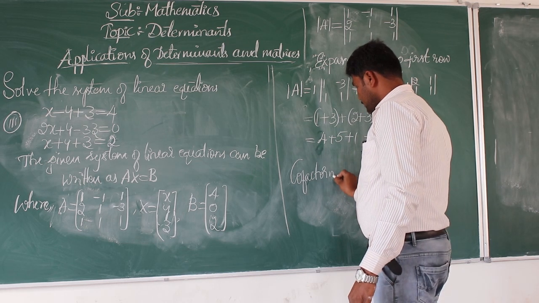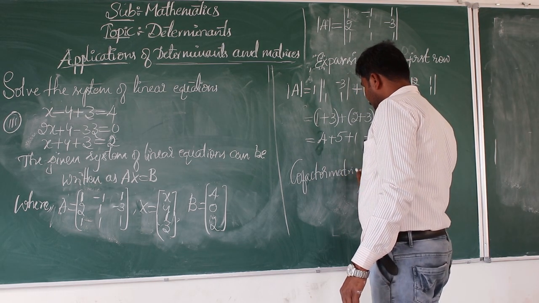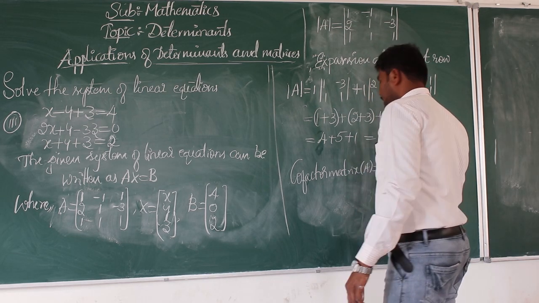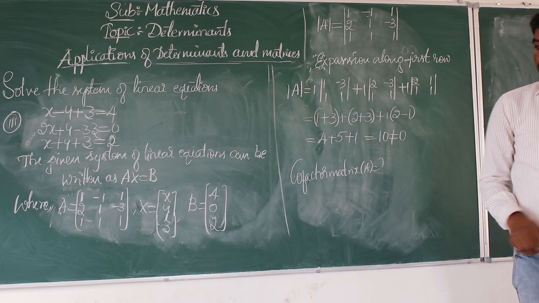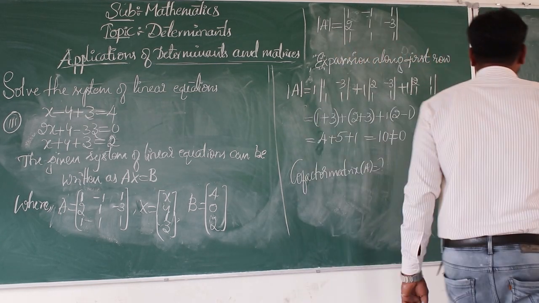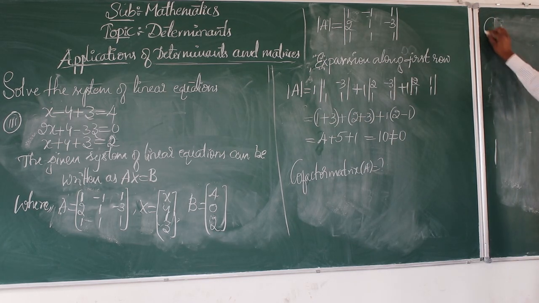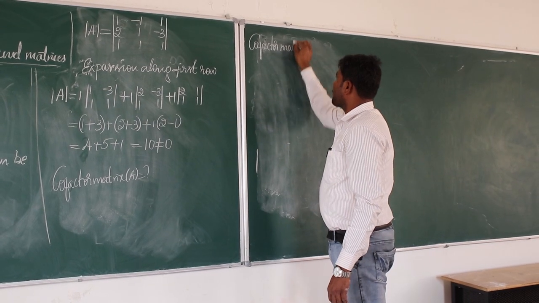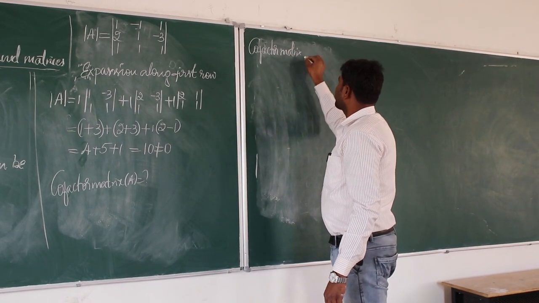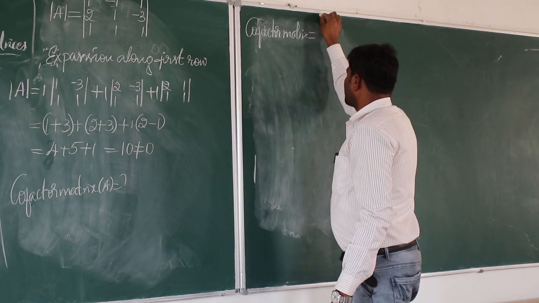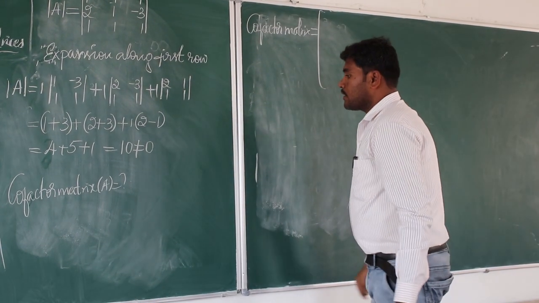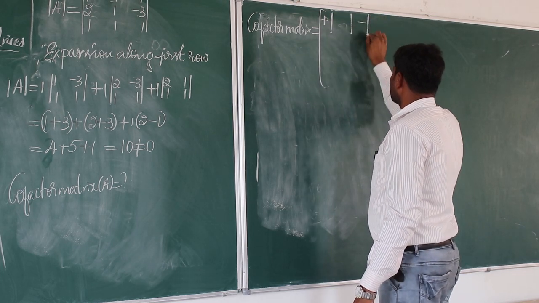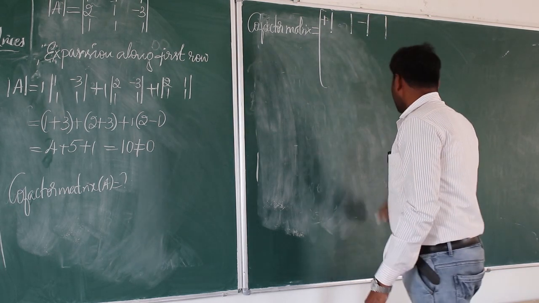So the cofactor matrix of A is written as follows: first row first element, determinant sign plus, then minus for the first row second element, and finally plus.